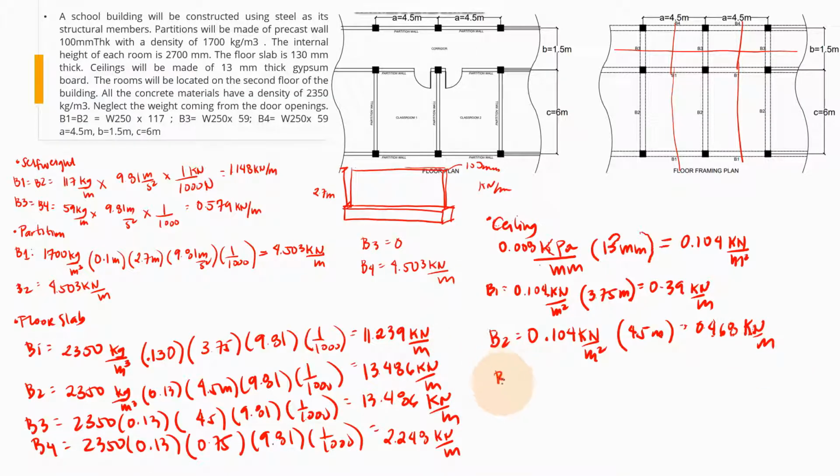And then for our beam 3, so 0.104 kilonewton per square meter. Multiply natin yung tributary which is also equal to 4.5 meters. So, it is equal to 0.468. And then for our beam 4, tributary width niya is 0.75.